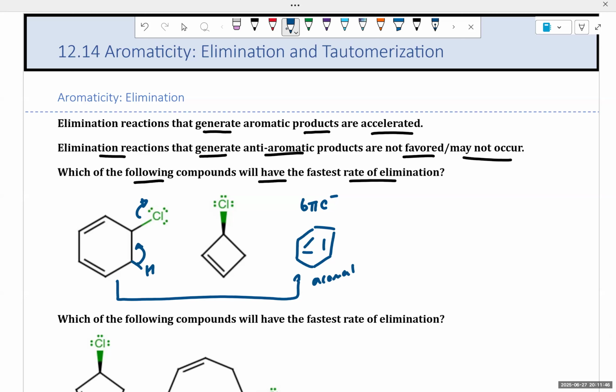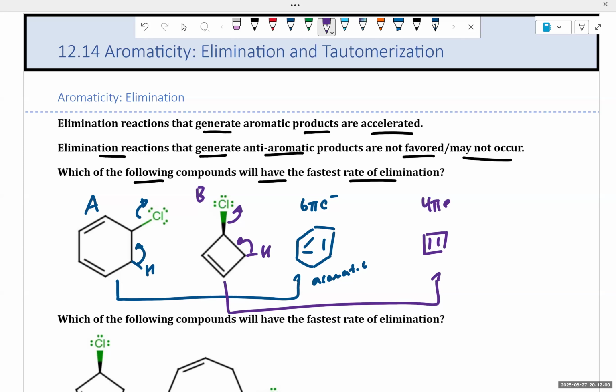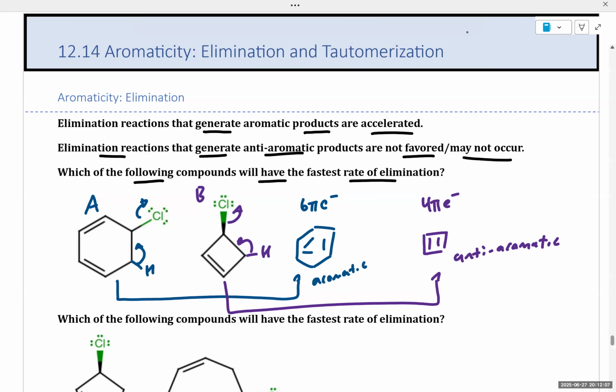This is an aromatic compound. By comparison, for our second compound, if we eliminate our halide, we get an anti-aromatic compound. As it is easy to form aromatic compounds and very difficult to form anti-aromatic compounds, A will have the faster rate of elimination.